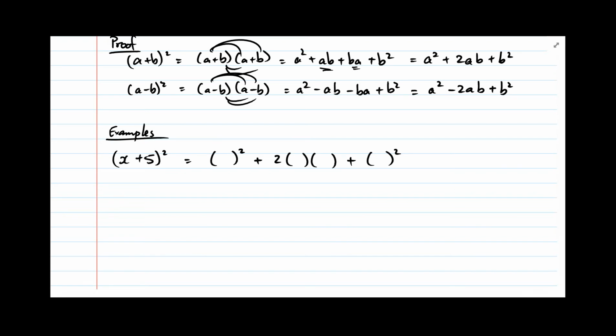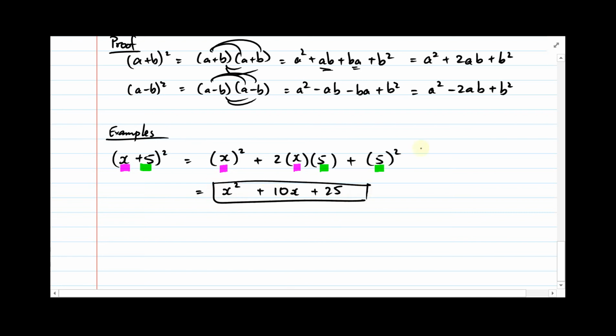I will look for my first term. First term will be in these places. My second term will be in these places, and I'm just now going to fill them in: x, and 5, and 5. Expand, what do I get? I end up with x squared, 2 times 5 is 10x, plus 25. So this is my final answer.